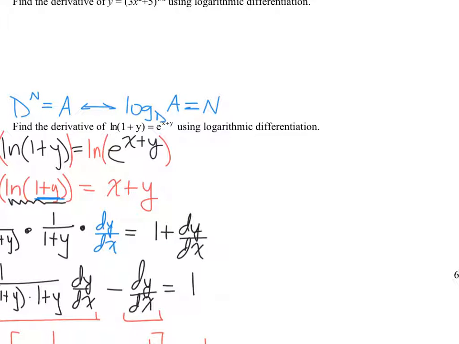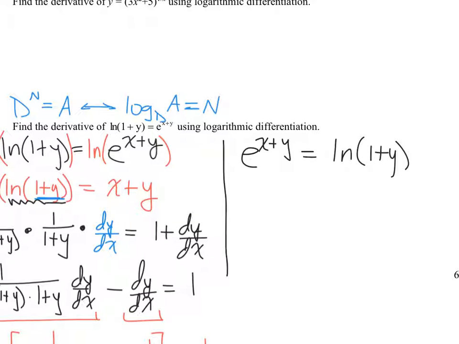All right, anyway, second attempt on simple pre-calc, converting from exponential to log form, because for whatever reason I couldn't do it before. Brain cramp. e to the x plus y equals ln of 1 plus y. There's a lot going on, but that's still no excuse for me.